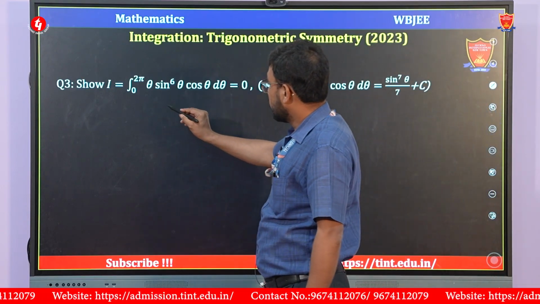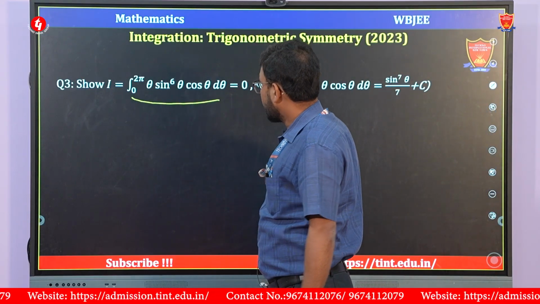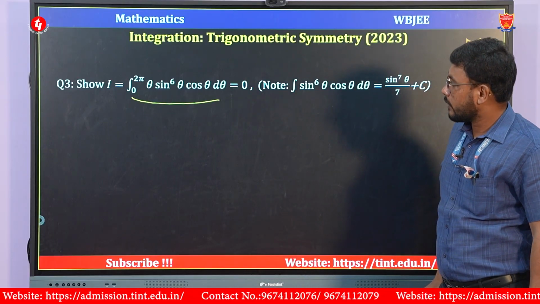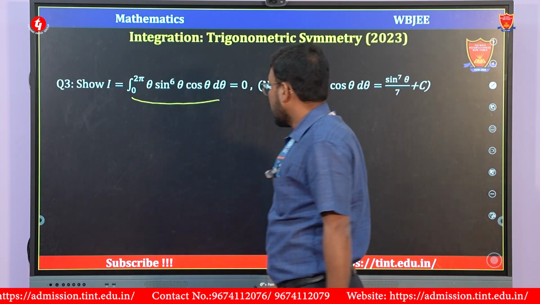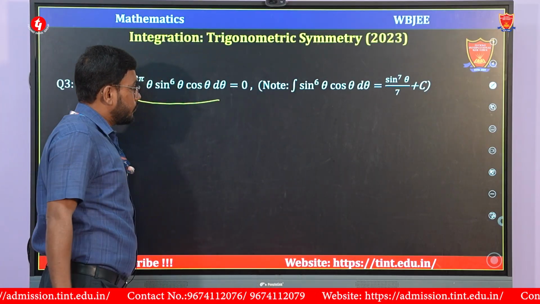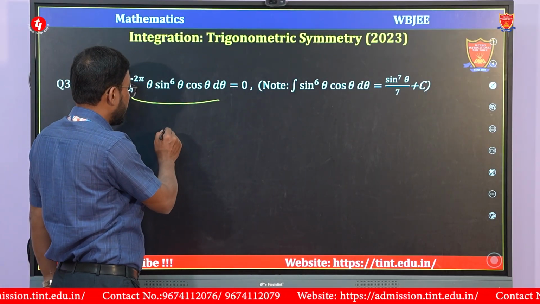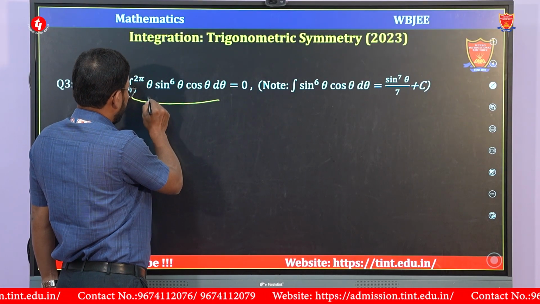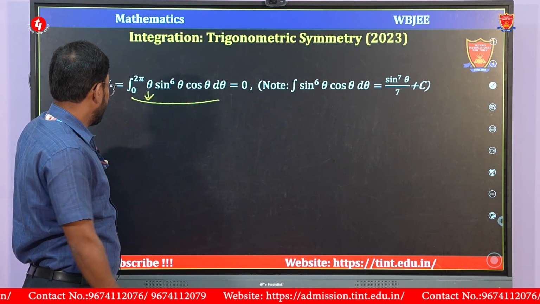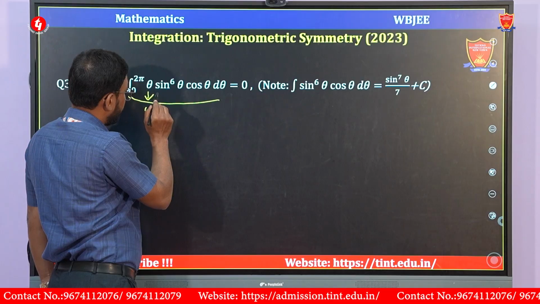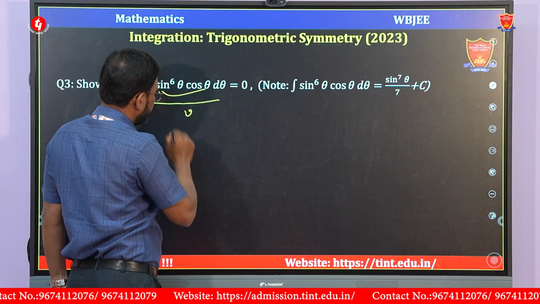This is your given problem. I is the integral from 0 to twice pi of theta sin 6 theta cos theta d theta. Now, if you solve this problem using integration by parts, suppose theta is u and this is your v.